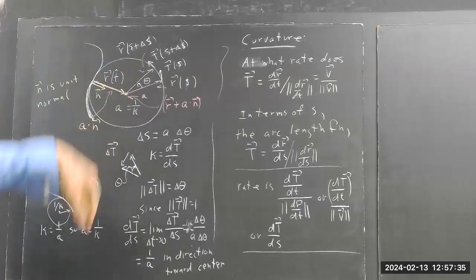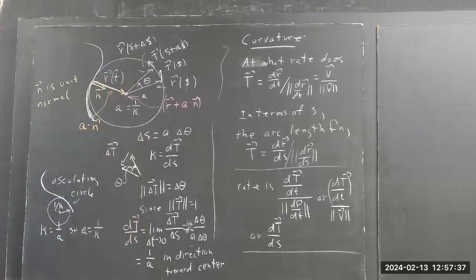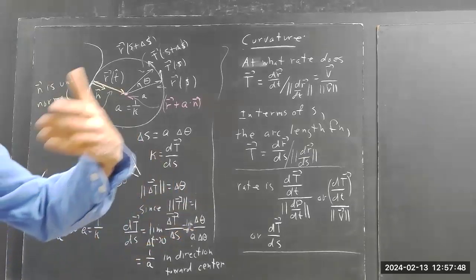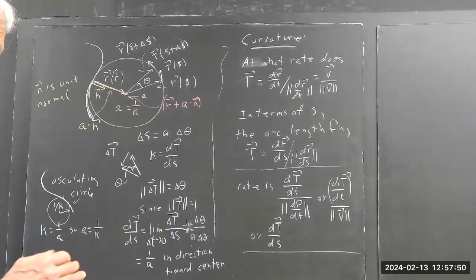Probably I should have presented it separately from this, but I wanted you to see this, and hopefully be convinced that the radius of the circle is the reciprocal of the curvature, the reciprocal of the radius of the osculating circle. So there we go.